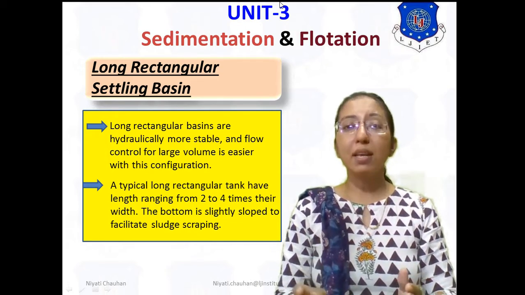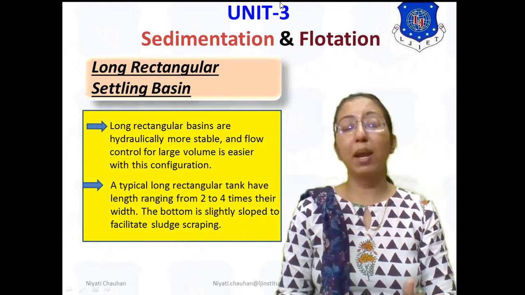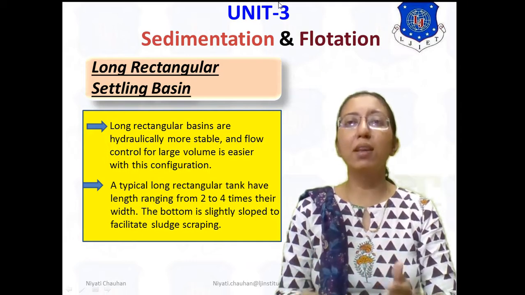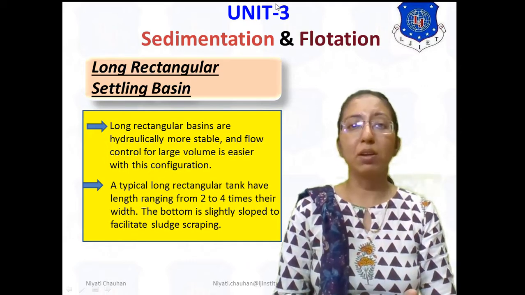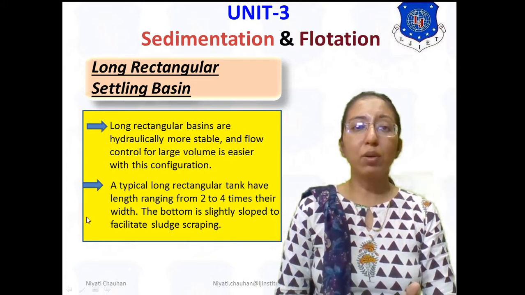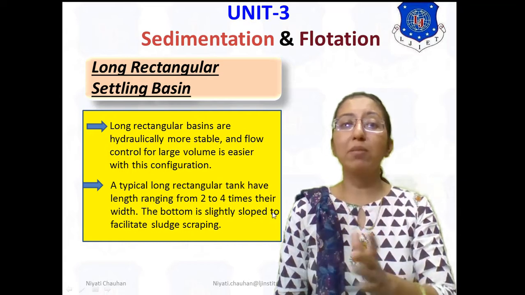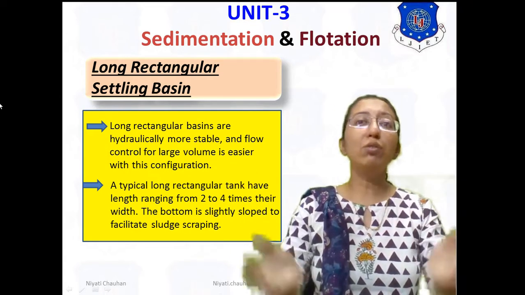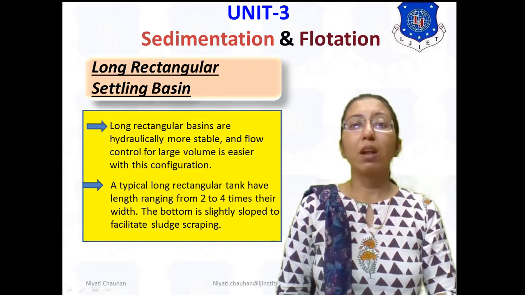The bottom is slightly sloped to facilitate sludge scraping. So here some criteria are given for the long rectangular settling basin: length ranging from 2 to 4 times the width, and the construction should have a slope.